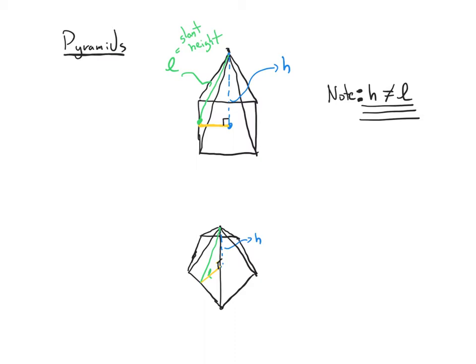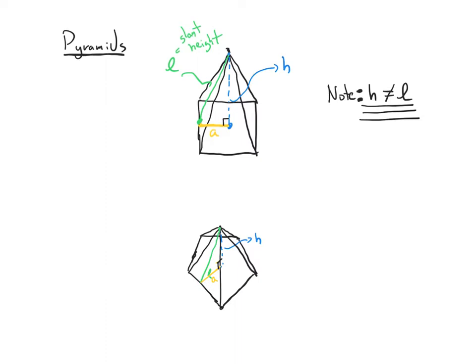And the other thing I wanted to point out is, you can really figure out one from the other as long as you know the apothem. I'll use the letter A for apothem. The apothem of our regular polygon. Remember, the apothem is the distance from the center to the midpoint of any side.